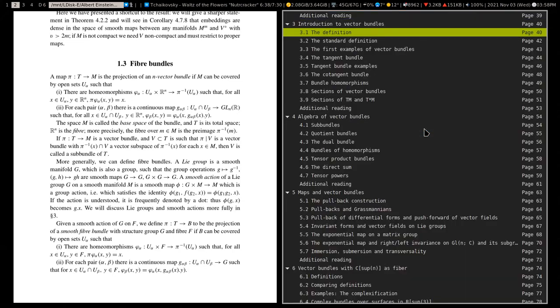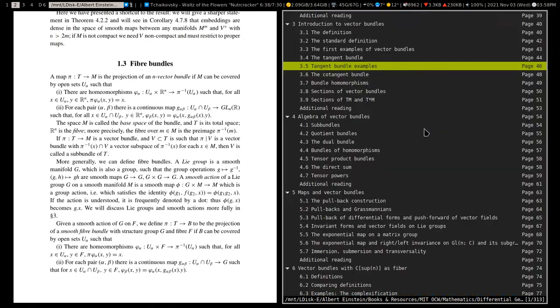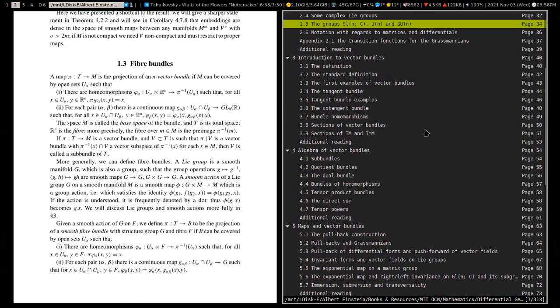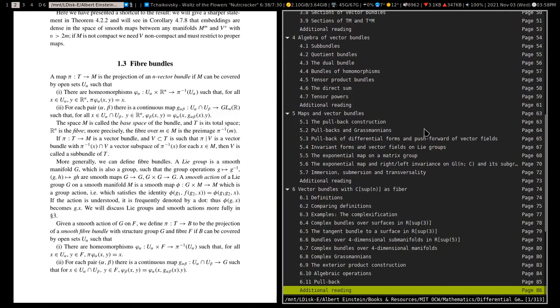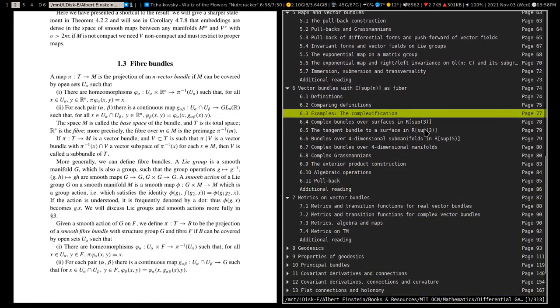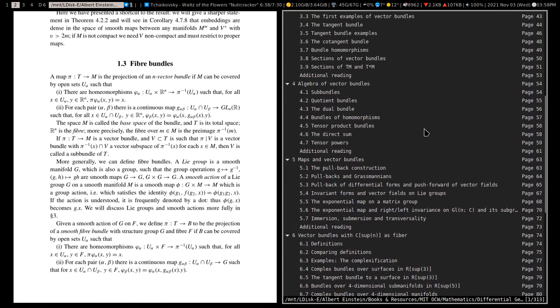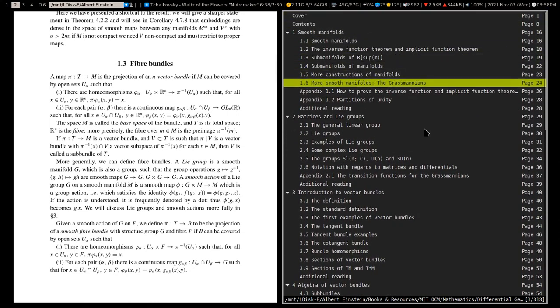And this is a very good book. It's not that long compared to other books, just 300 pages, and he has several chapters dedicated to bundles. He has vector bundles for like four chapters just on vector bundles, so it is very detailed.